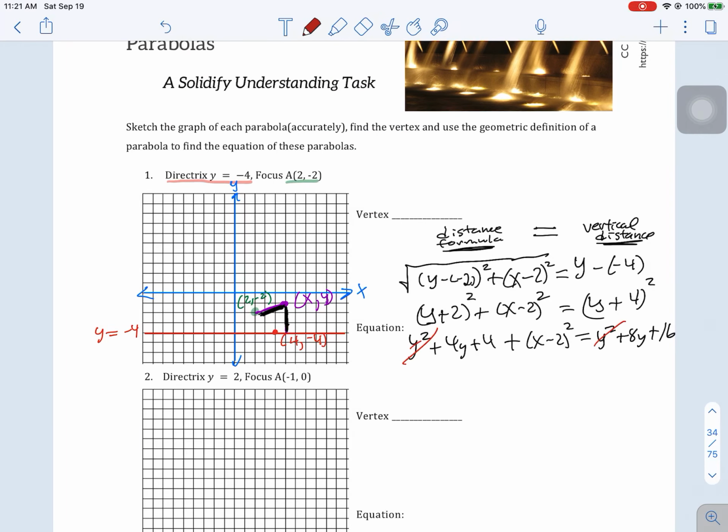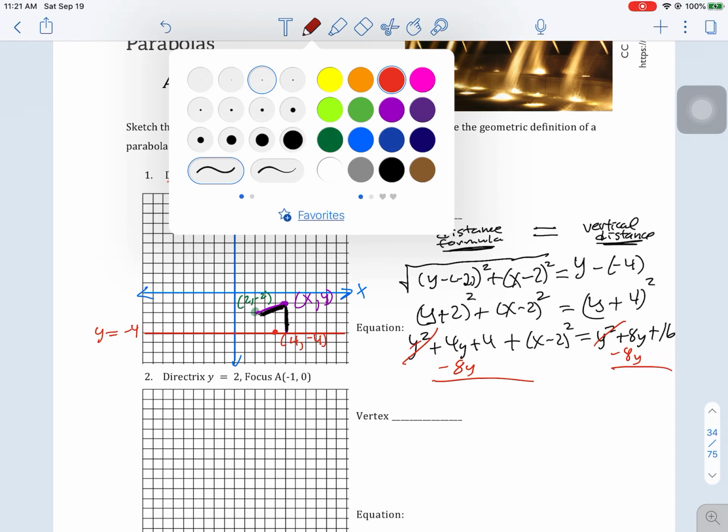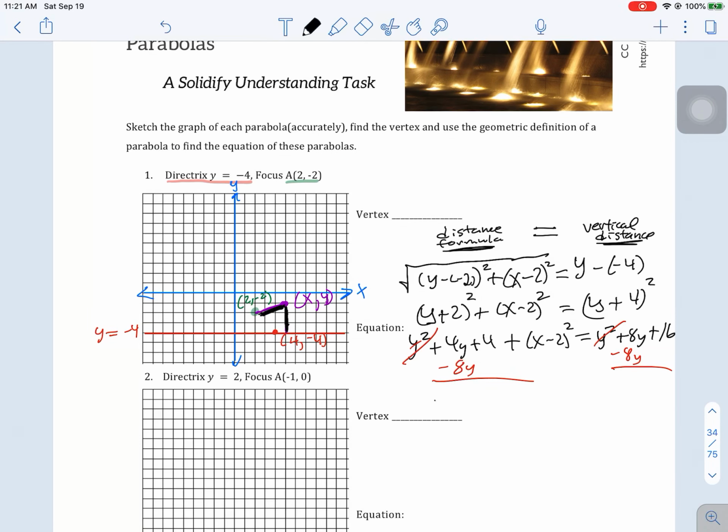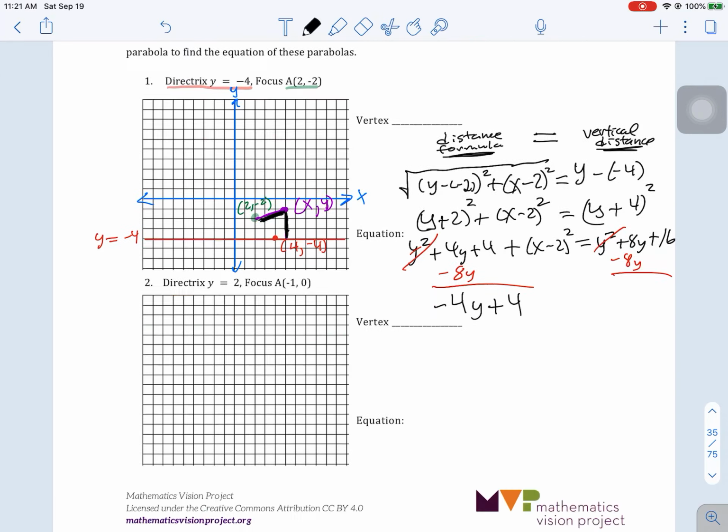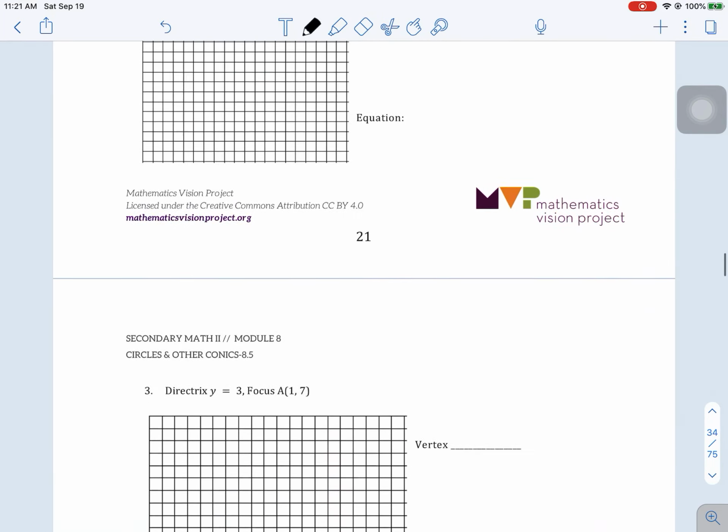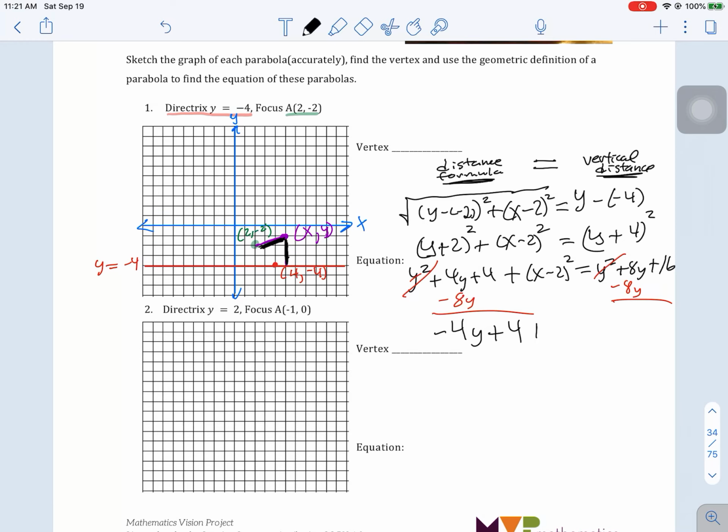The first thing is y squared. We can eliminate that. And I'm going to subtract 8y from both sides. Okay, so let's see what we come up with. We've got -4y plus 4 plus x minus 2 squared is equal to 16.